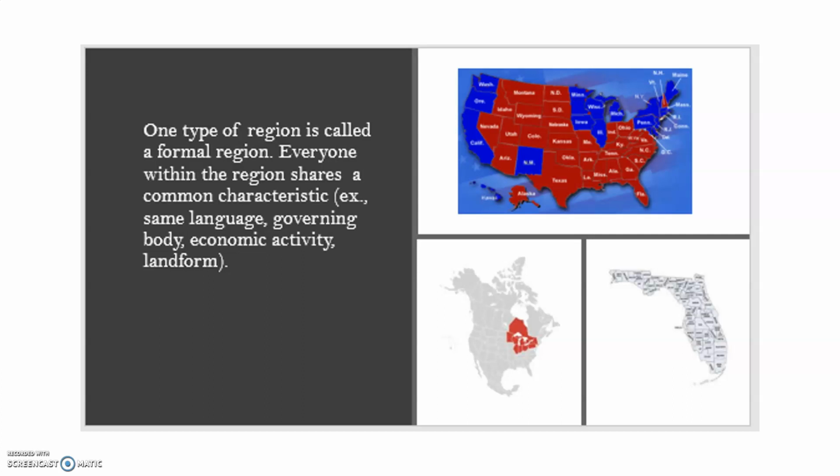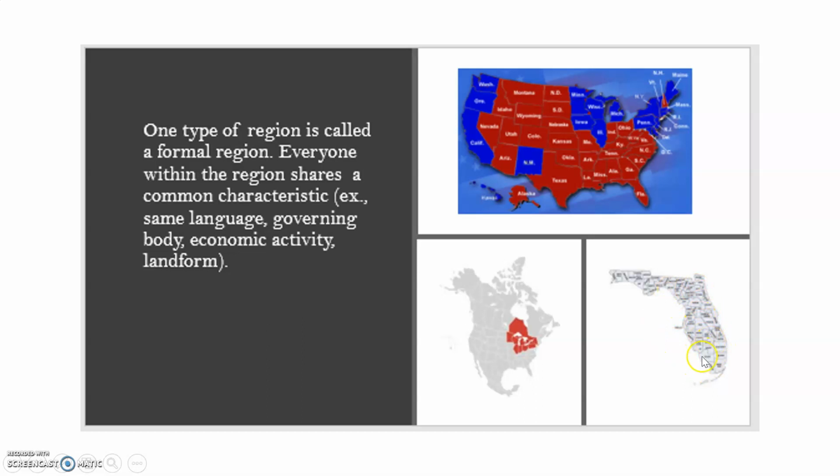This is usually what we think of when we think of regions. For instance, this bottom left map is a map of physical regions. This is the Great Lakes region: the states and the provinces in Canada that touch or border the Great Lakes. This bottom right is a political region.